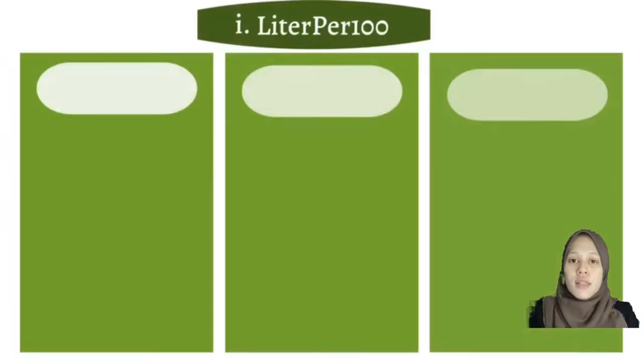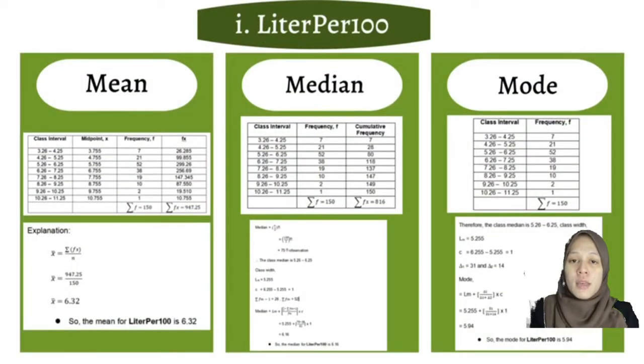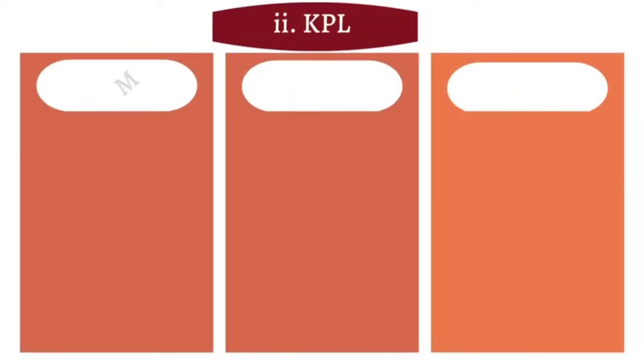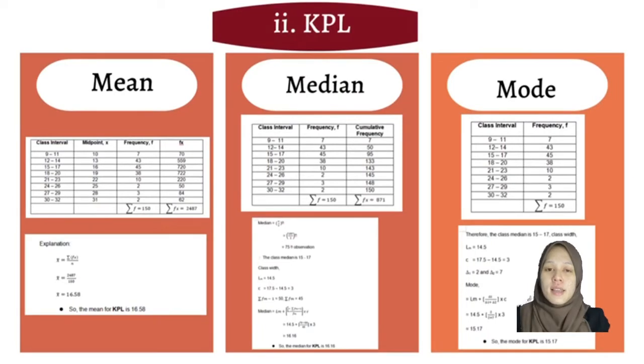Okay, first is liter per 100. The mean for liter per 100 is 6.32 and for the median we got 6.16. And the last one for liter per 100 is the mode, we got 5.94. The next is KPL.